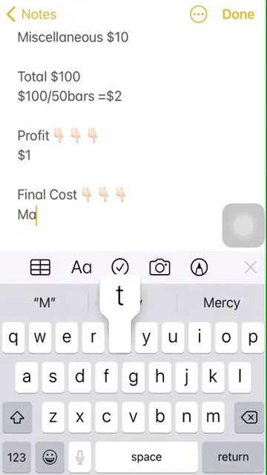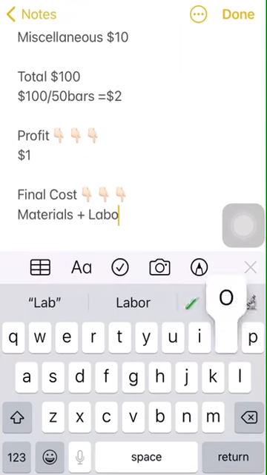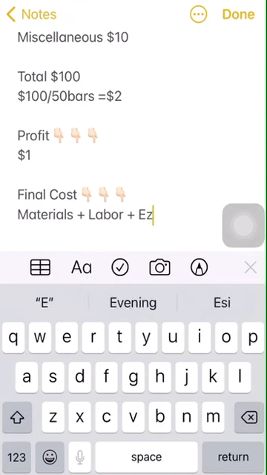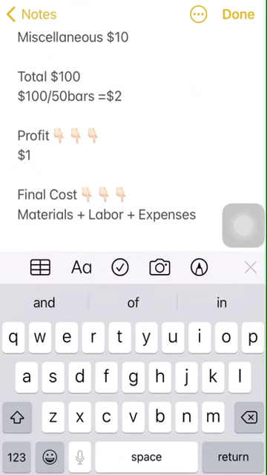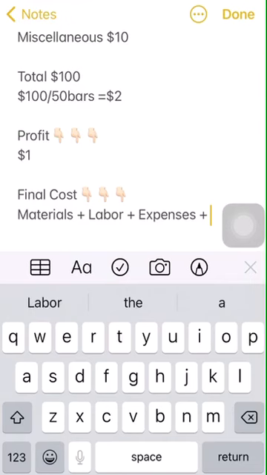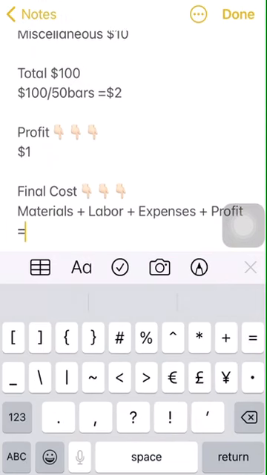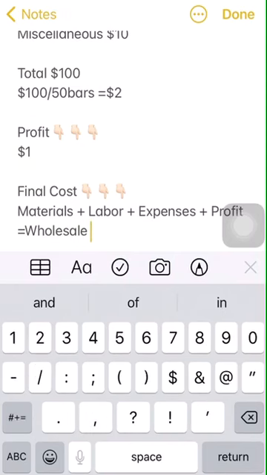So we have materials plus labor plus expenses plus profits equals wholesale, and then retail.